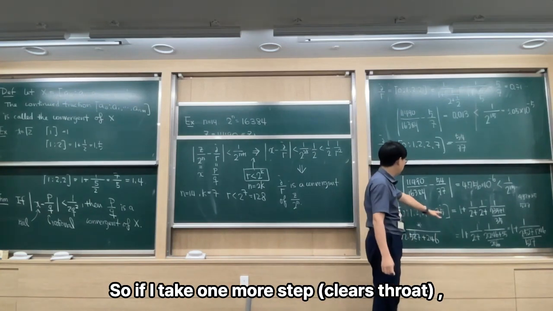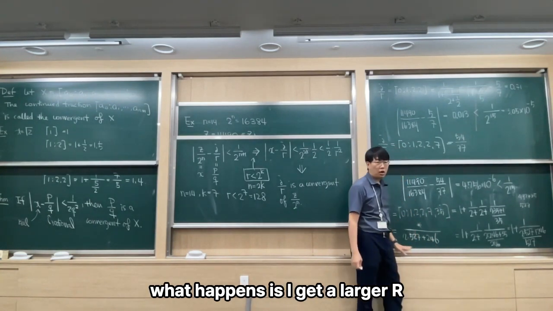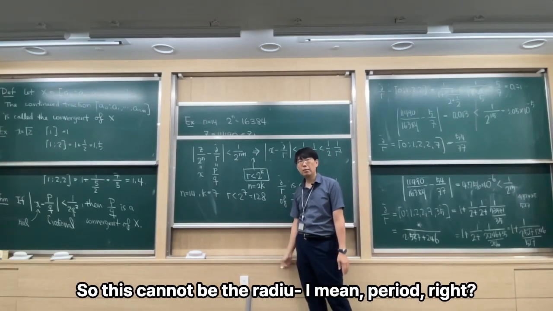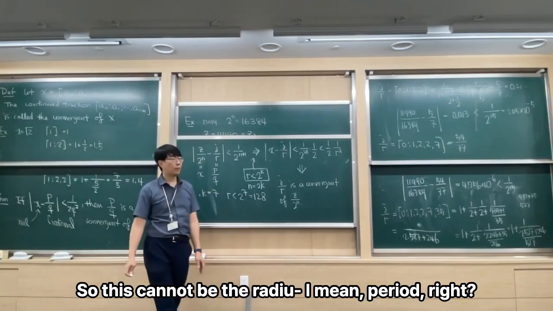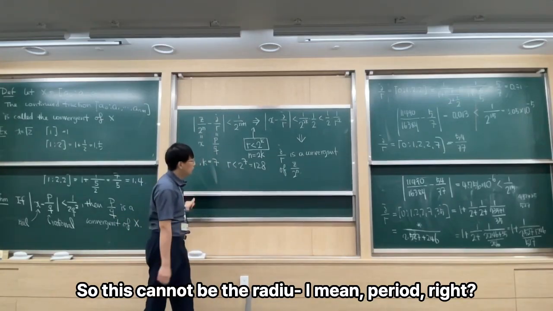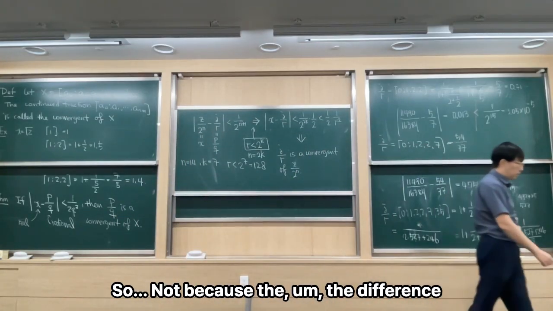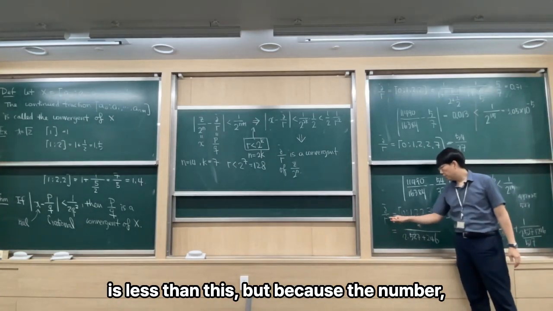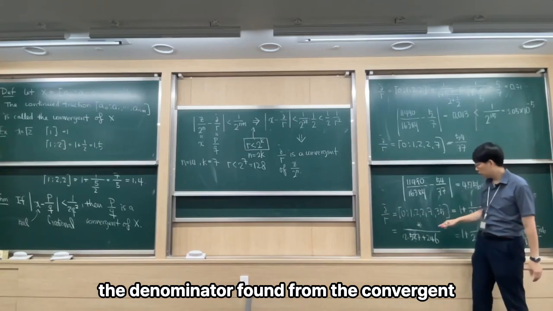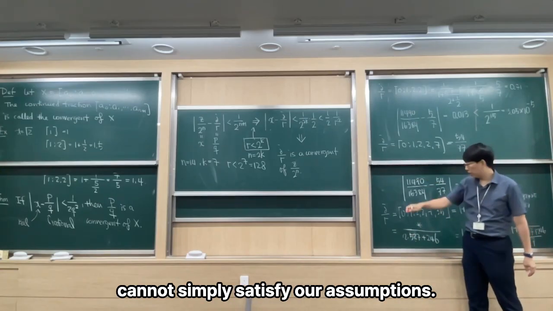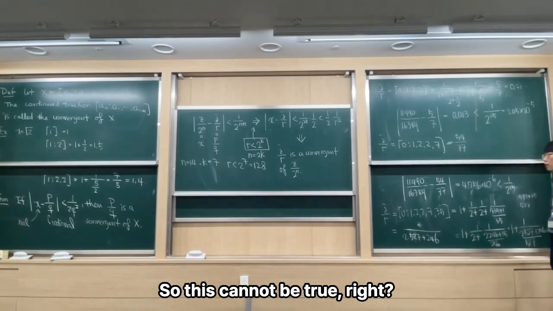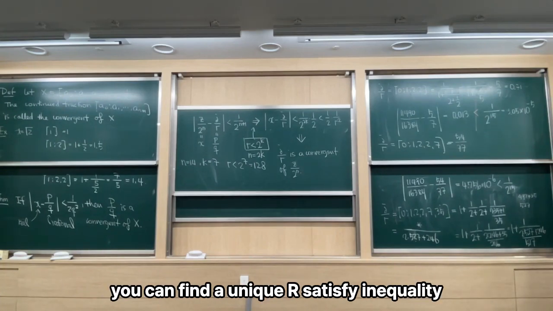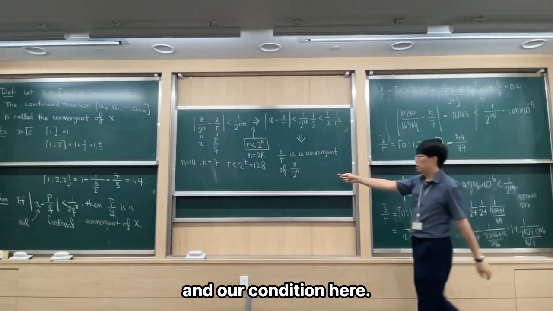If I take one more step, I get a larger R, but this R is not less than 128. So this cannot be the radius, period. Not because the difference is less than this, but because the denominator found from the convergent cannot satisfy our assumption. So we have a unique R.